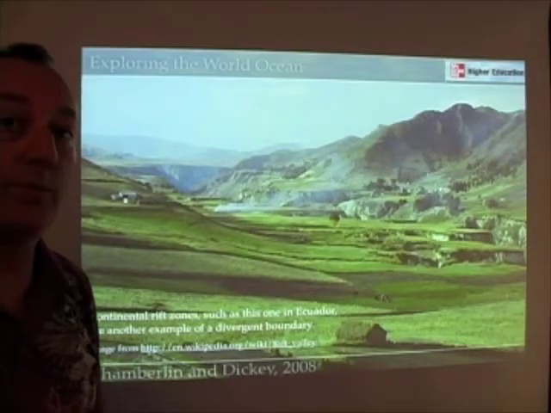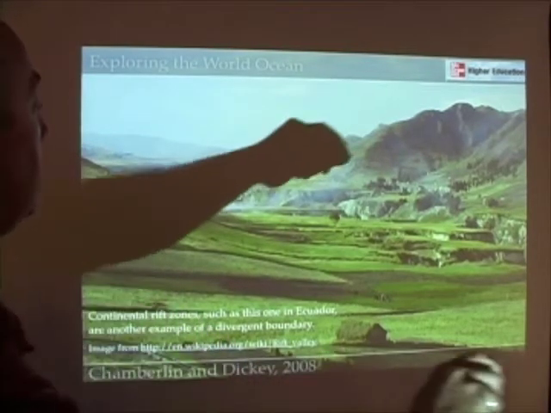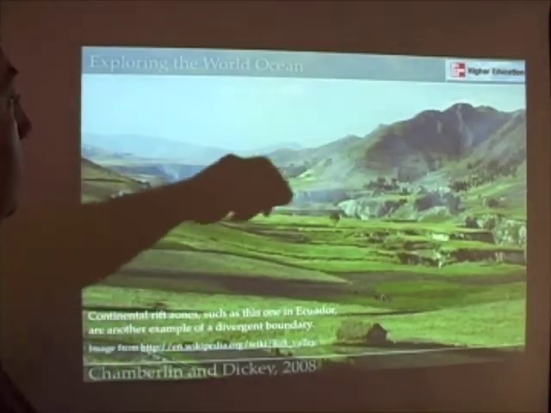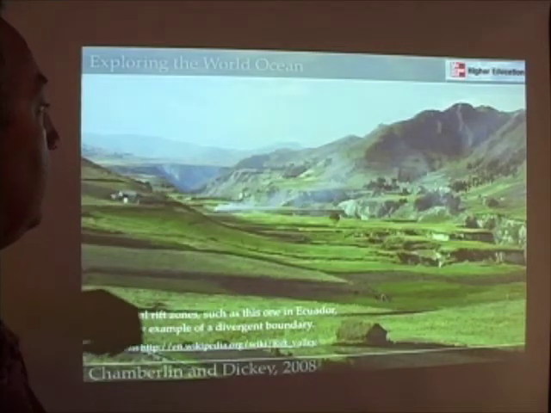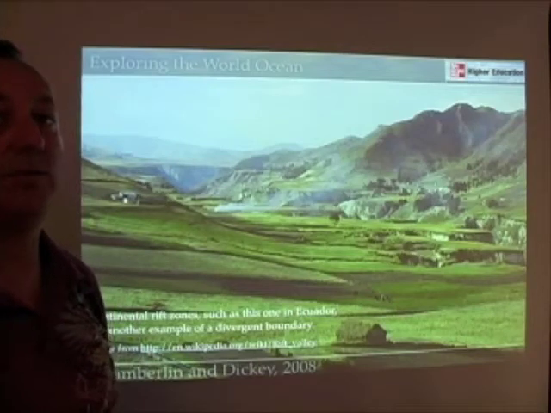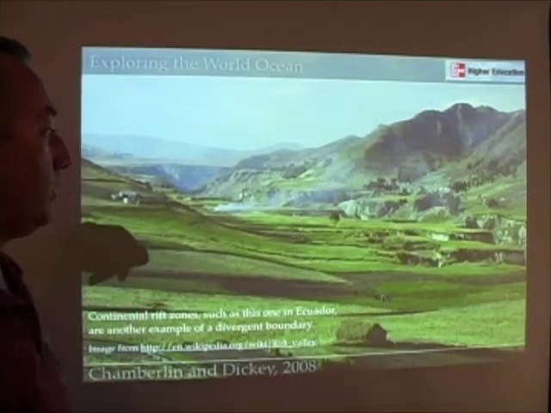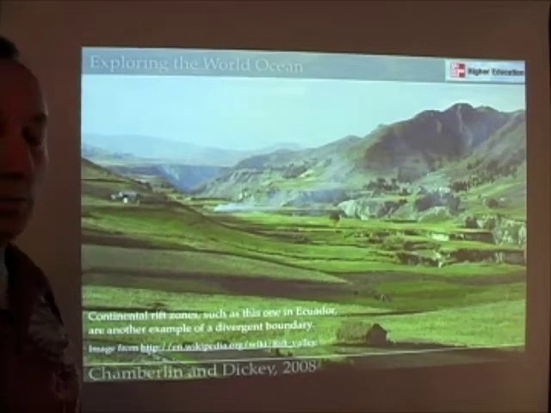The plates move at about the rate that your fingernails grow, but in fact Earth is extending here, and the two plates are diverging from each other. The same kind of thing is happening in Iceland, and if you saw Journey to the Center of the Earth, you might have seen some nice pictures of a similar kind of continental rift zone.